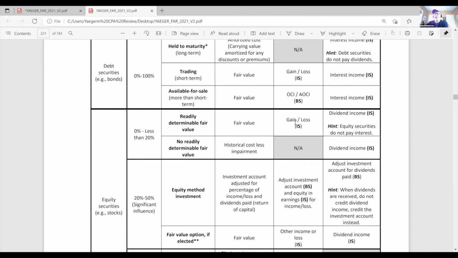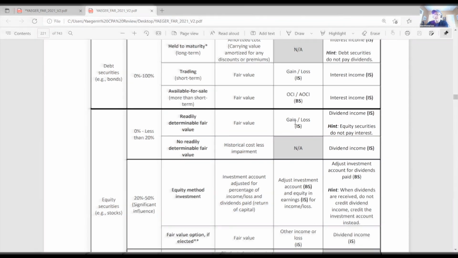Any unrealized gain or loss goes to the income statement.